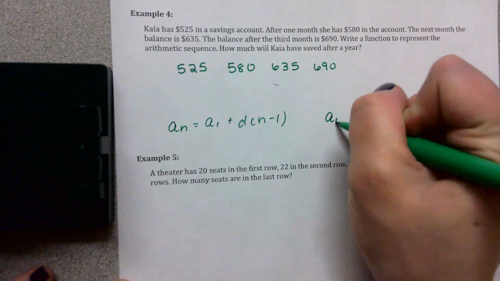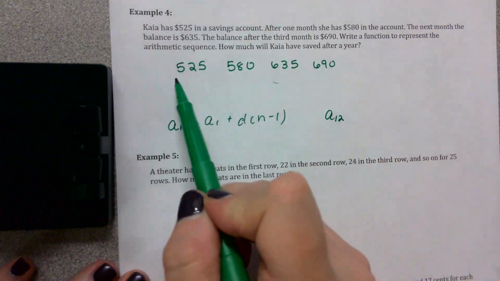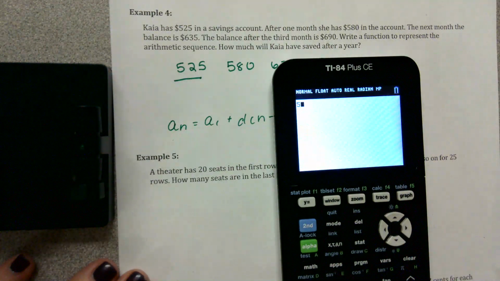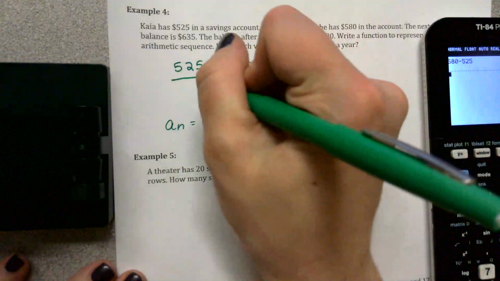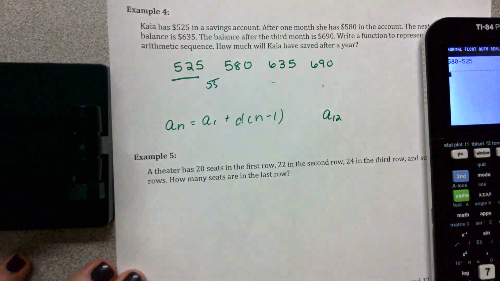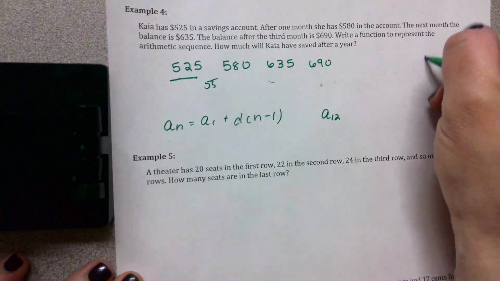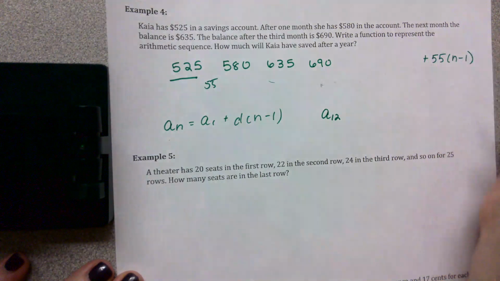Okay, so a sub 12. She starts out with 525, and then she has 580. So we're going to take 580 minus 525. That's $55. So that's going to be your common difference. Her common difference is 55 times n minus 1.